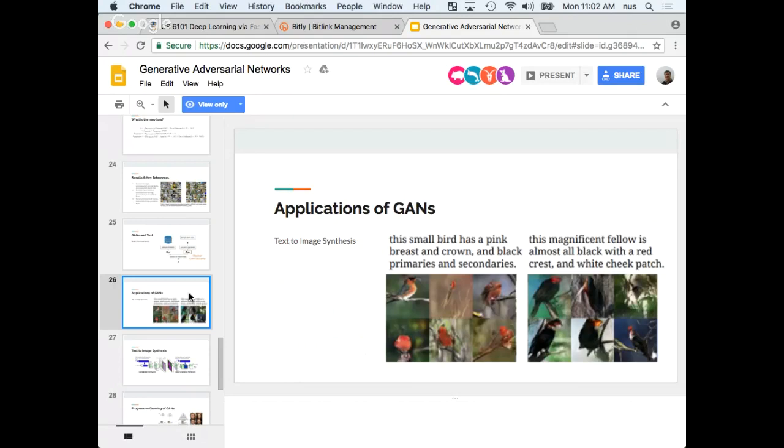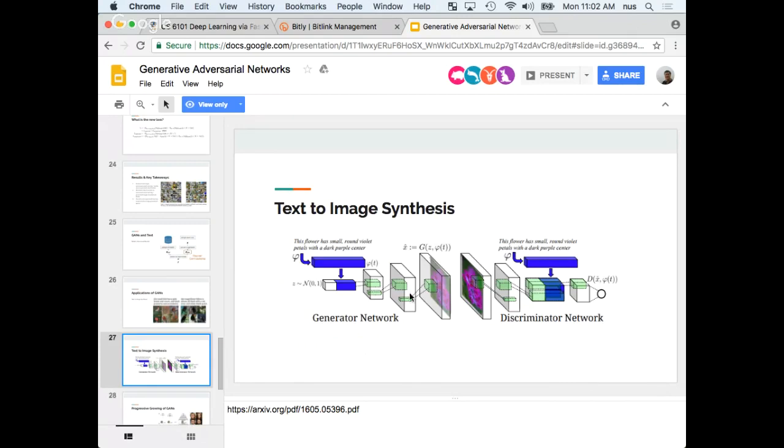So a few applications of GANs which are kind of interesting. Text-to-image synthesis. Given a description of a bird, the generator is able to generate this. The way this works is basically that initially, instead of just starting off with the random vector, you also concatenate the embedded vector for your sentence.